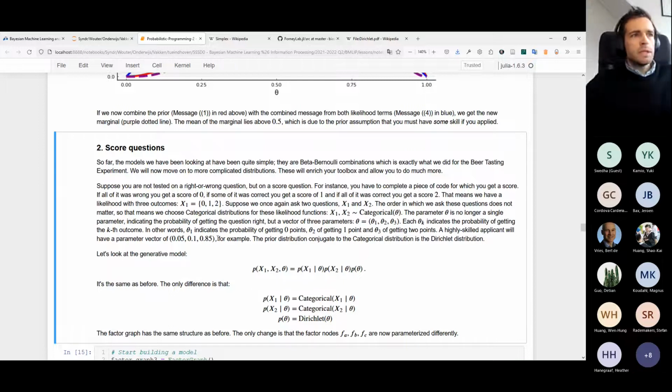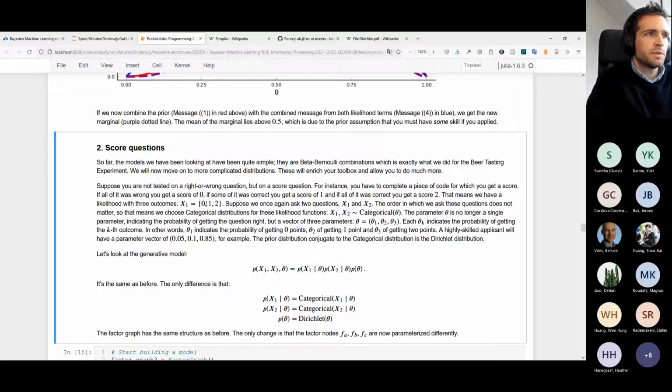But I can define this as long as I want, I can give as many options as I want. That's the whole point of a categorical distribution, that I don't have a binary option between right or wrong, but I might have n possible answers, as long as it is discrete.